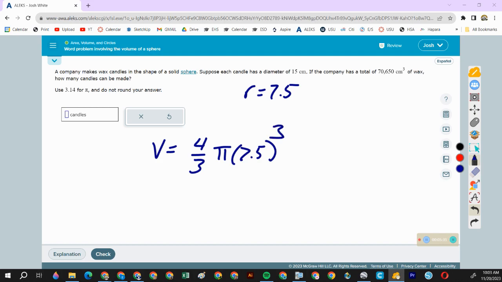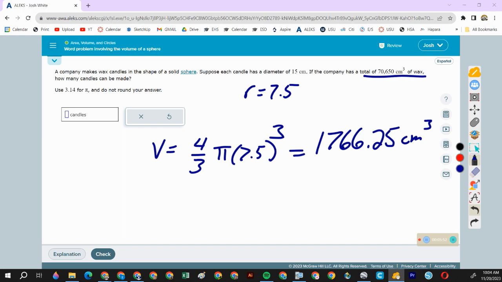So 4/3 times 3.14 times 7.5 cubed is 1766.25 centimeters cubed. That's how much it takes to make one.